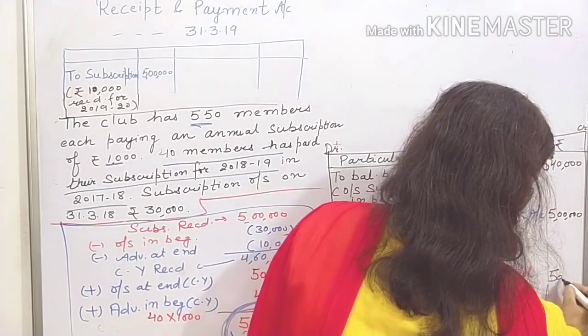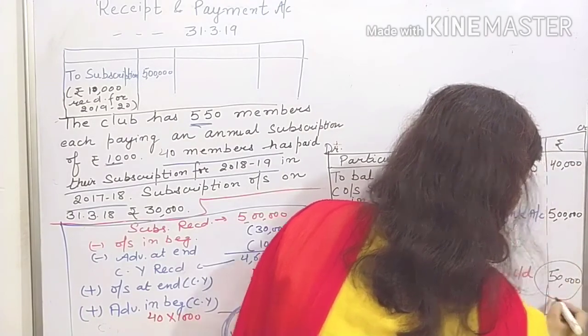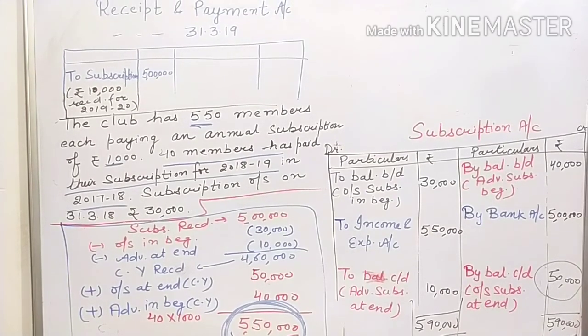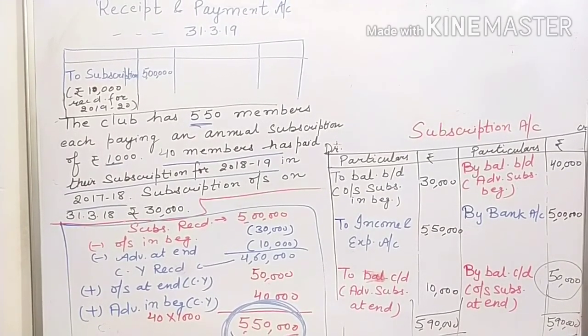So here your result of subscription outstanding at the end will be 50,000. This you can also calculate by preparing the subscription account. This is how you can solve practical questions related to subscription.